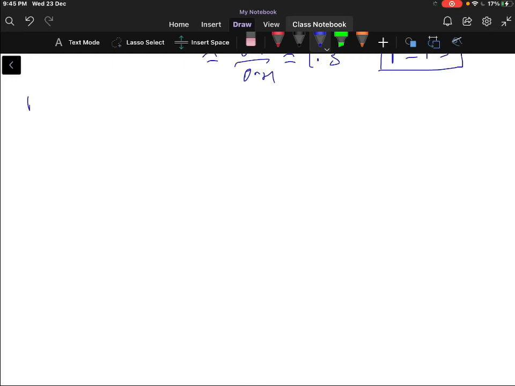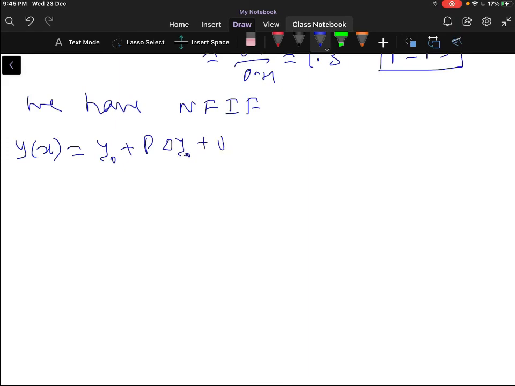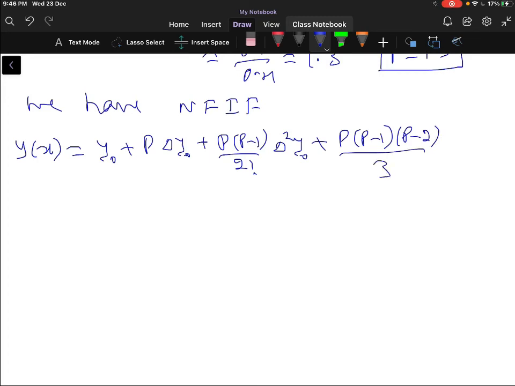According to that, let us have Newton's forward interpolation formula. That is, y of x is equal to y naught plus p into delta y naught plus p into p minus 1 by 2 factorial into delta square y naught plus p into p minus 1 into p minus 2 by 3 factorial into delta cube y naught.